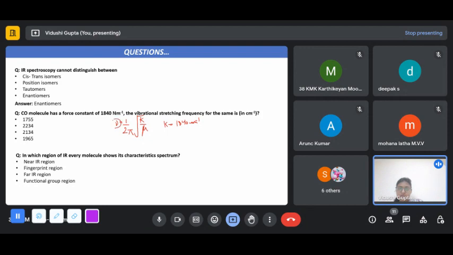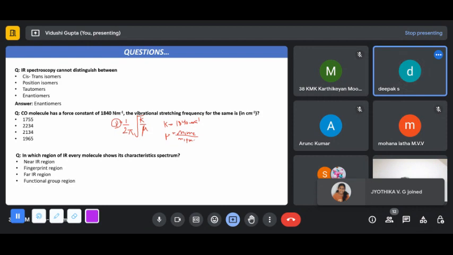Pi, you know, is 3.14. The reduced mass you have to calculate: mu equals m1 m2 divided by m1 plus m2.